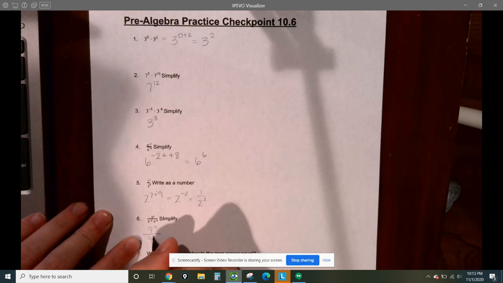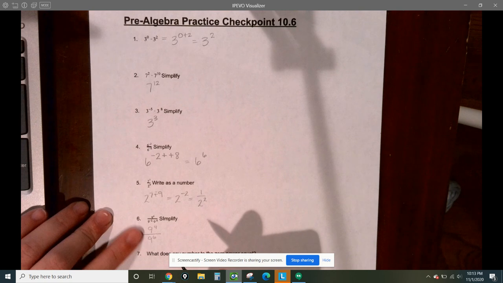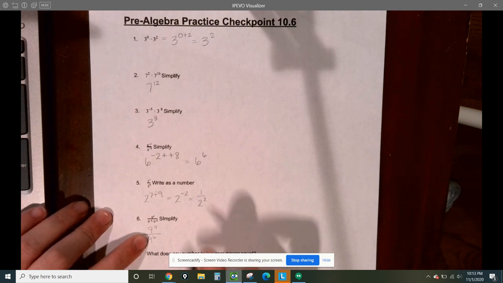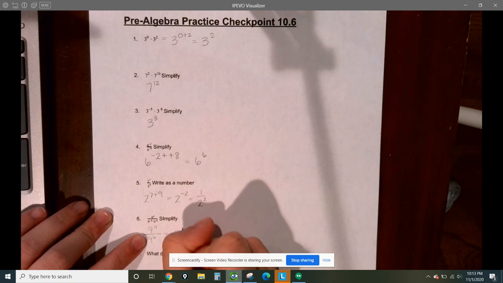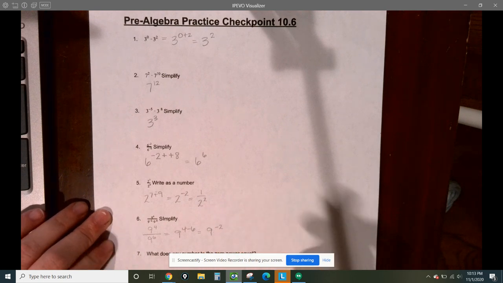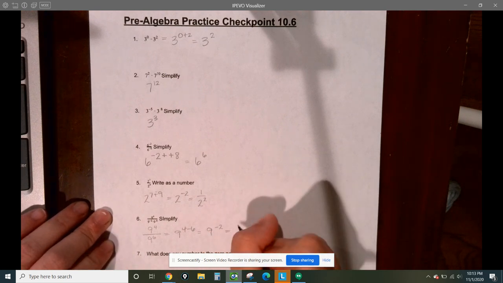So that becomes 9 to the 6th. Now I have a division problem. I'm dividing 9 to the 4th divided by 9 to the 6th. So that becomes 9 to the 4 minus 6, which is 9 to the negative 2 power. And if I don't want to leave it like that, I could put it as a fraction, 1 over 9 to the second power.